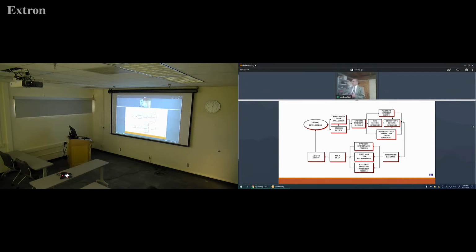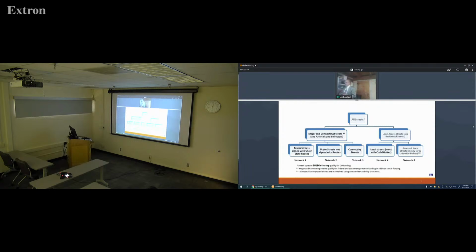Now, for the City of Toledo pavement management system, we have the major and collector streets, which are also known as arterial and collector, and then local streets, which are residential streets. In our case here, the whole city network is divided into 5 sub-networks.